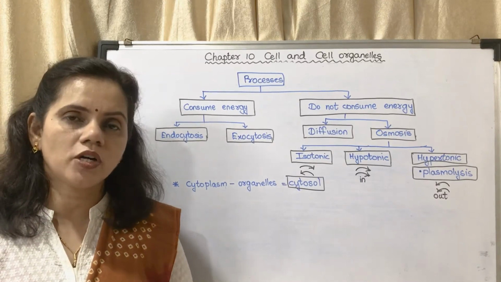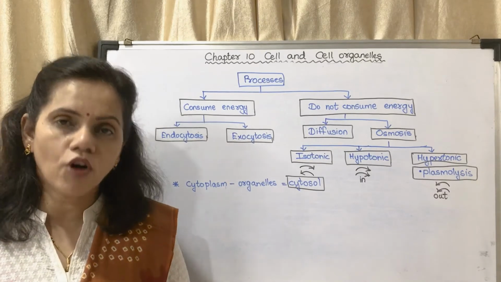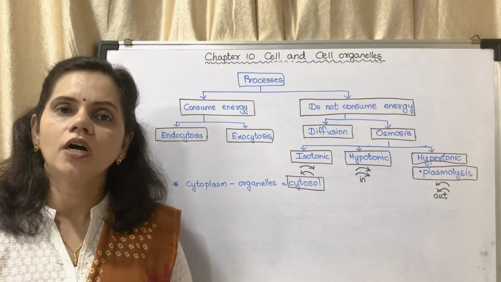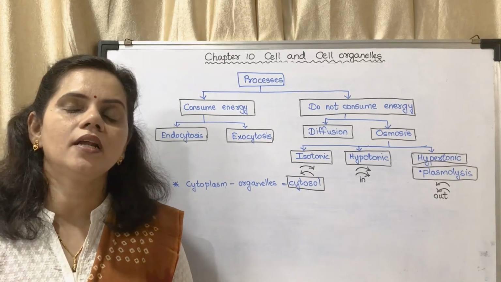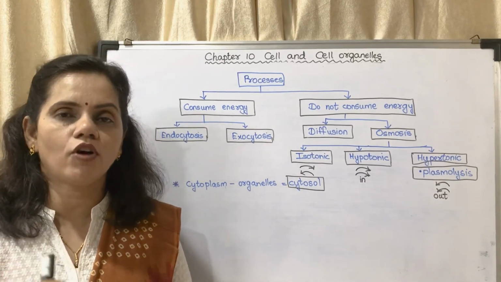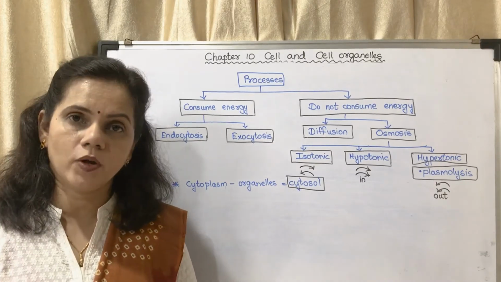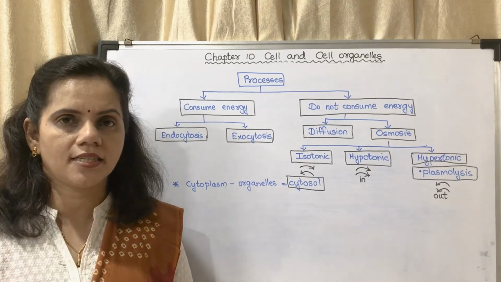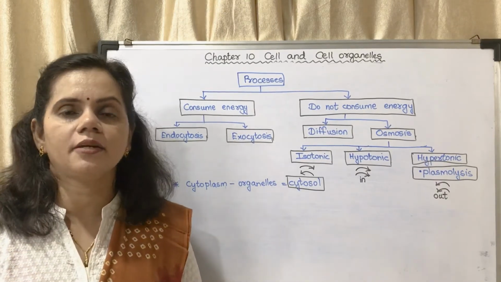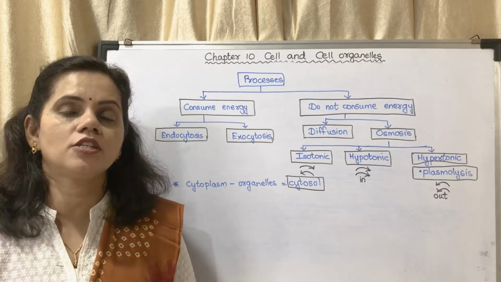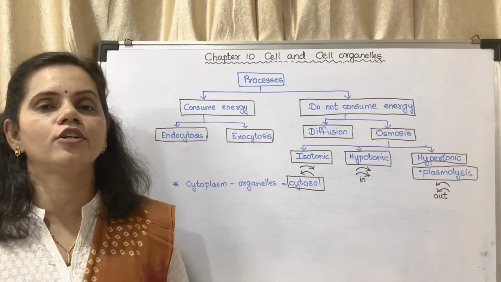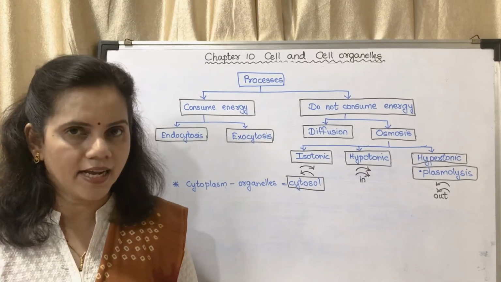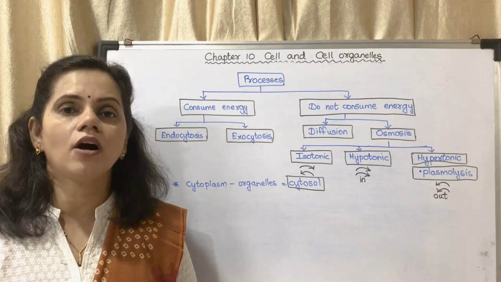For example, if you put raisins in water, it will swell up, because inside the raisin the water concentration is less, and outside, that means in water, the water concentration is more. So the water will enter into the raisin. That process is called osmosis.